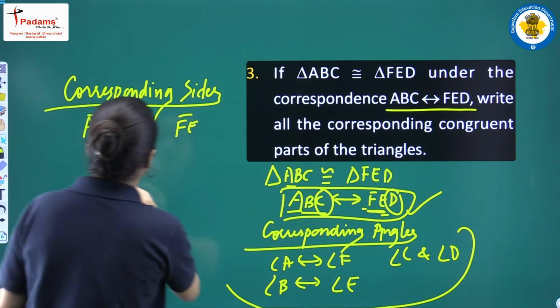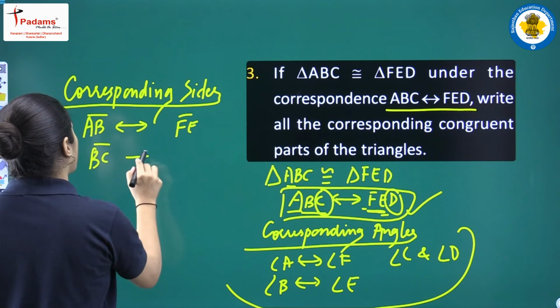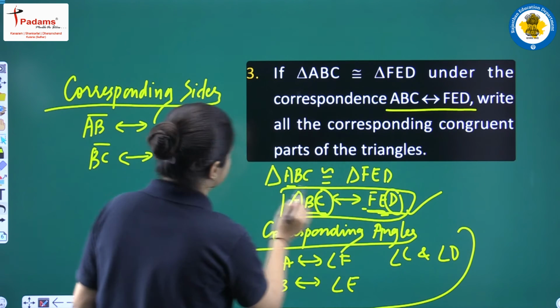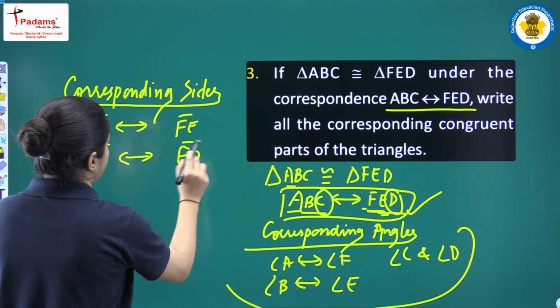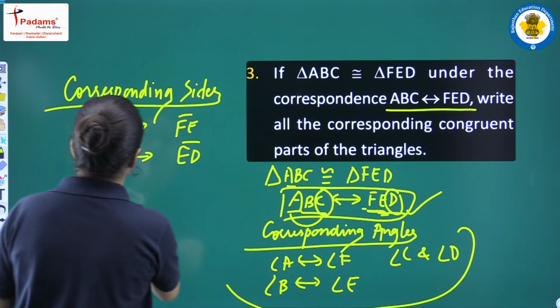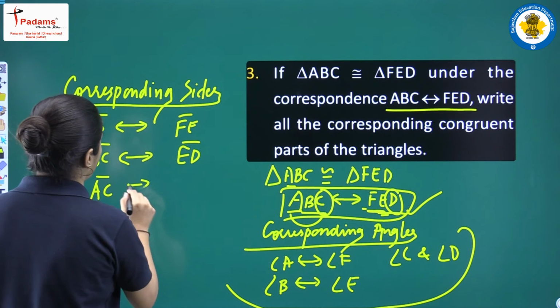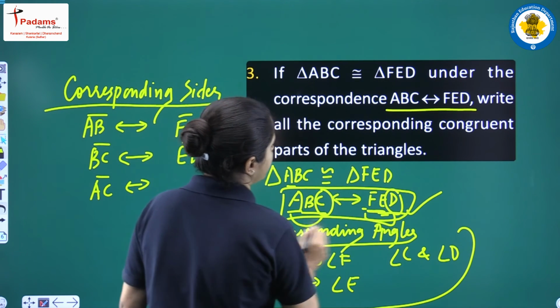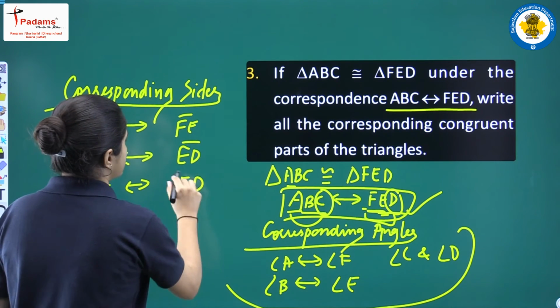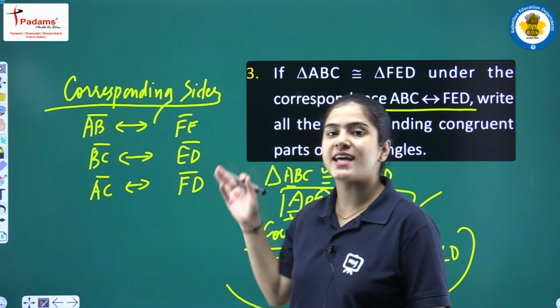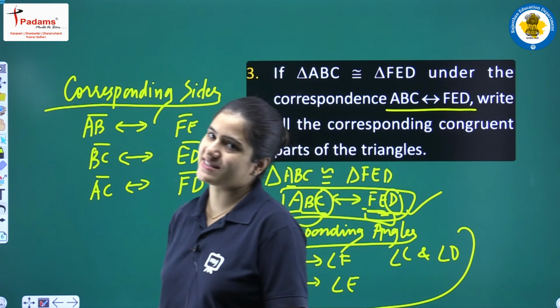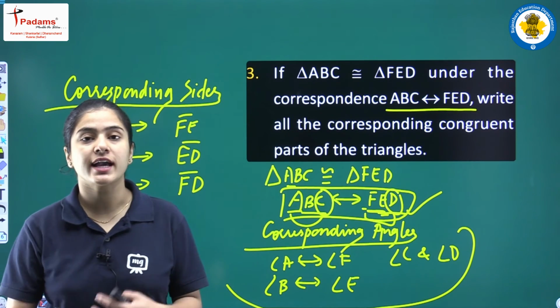Line segment BC is corresponding to line segment ED. And line segment AC is corresponding to line segment FD. So these are the corresponding sides of the two congruent triangles. Alright students, we'll be looking at the next question.